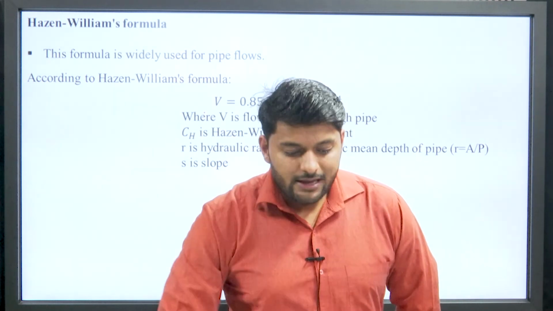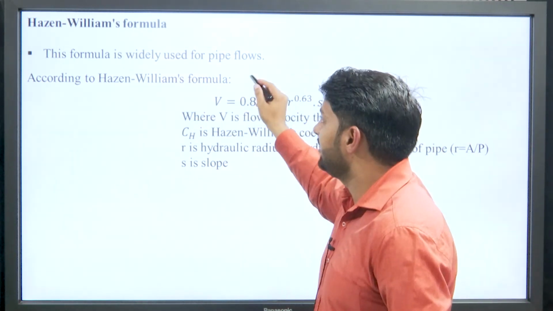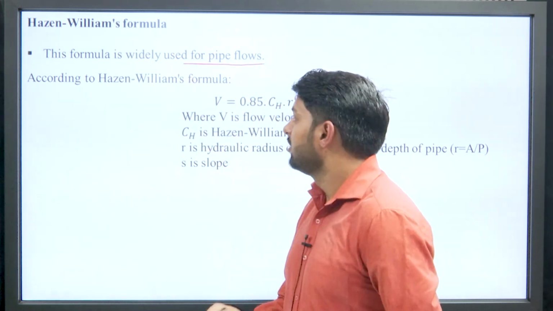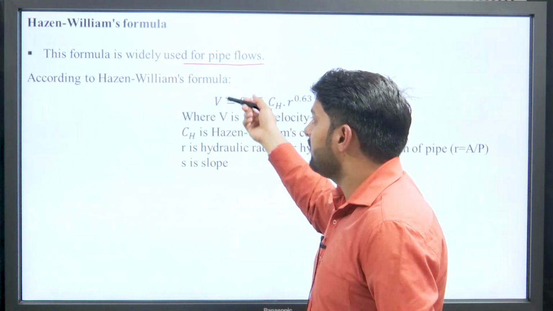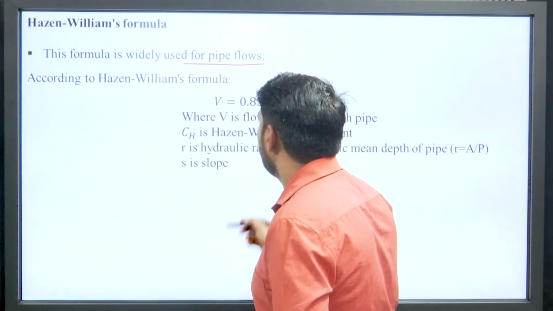Okay. Next one is, what is the Hazen-Williams formula? As discussed earlier, the Hazen-Williams formula is used for pipe flow. So, how can we design a pipe using the Hazen-Williams formula?